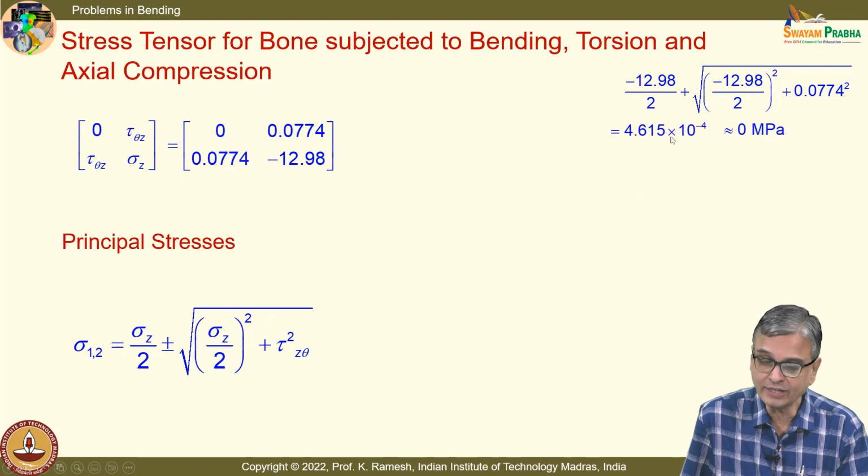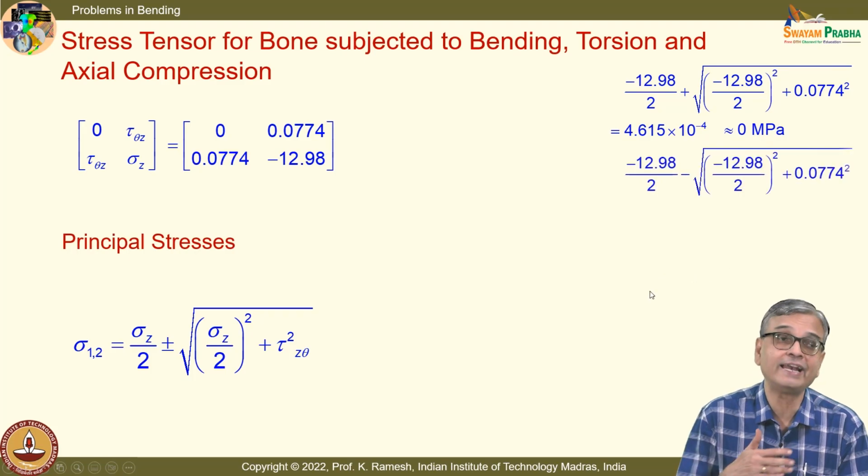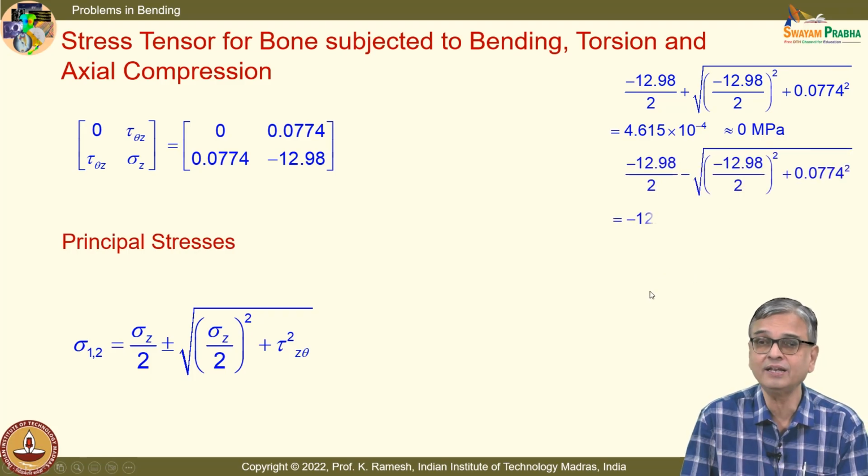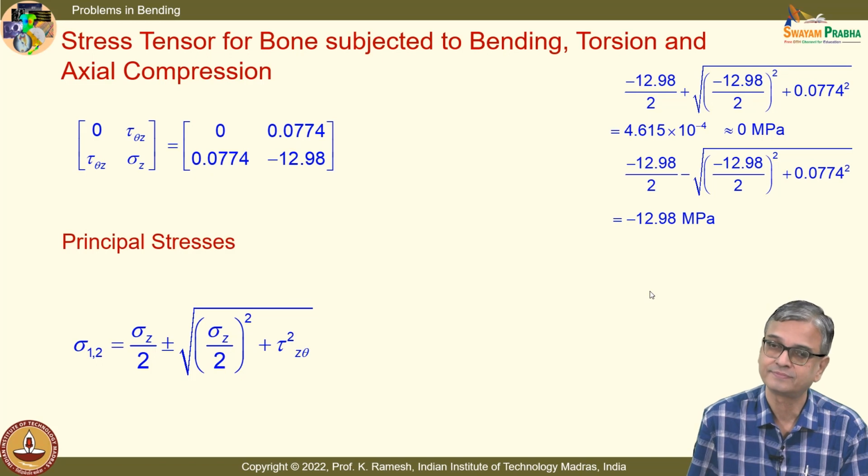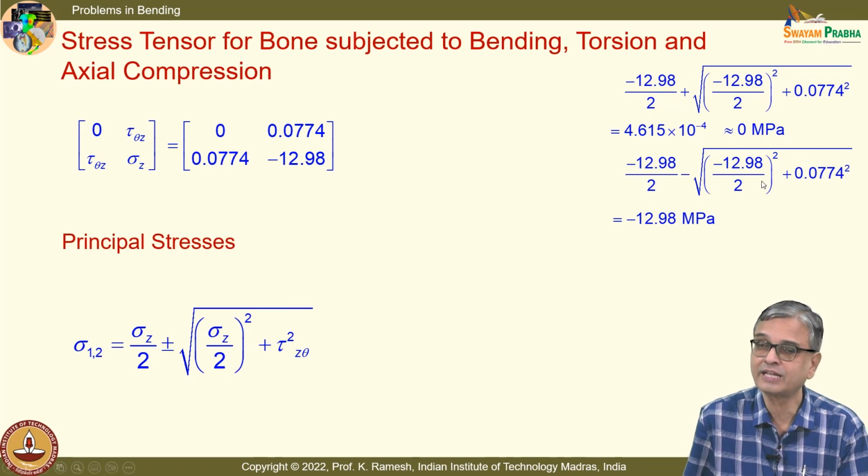Then depending on the numbers, I should label which is sigma 1 and which is sigma 2. So, which is sigma 1 here? 0 is sigma 1 because algebraically 0 is greater, and your sigma 2 is minus 12.98.